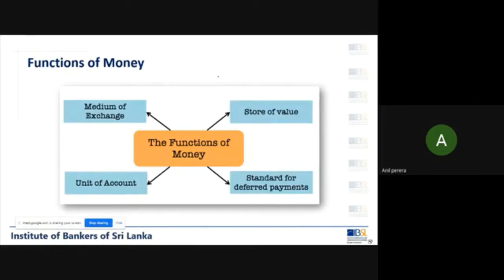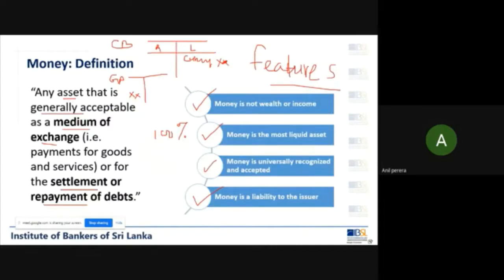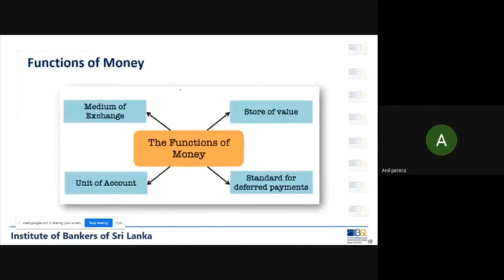Now let's look at key functions of money. We are already seeing some key functions of money based on the definition. Here in this definition also we have some indications of the functions.